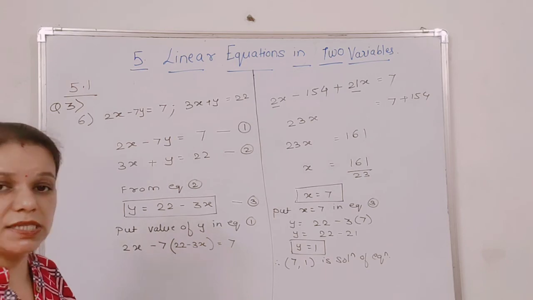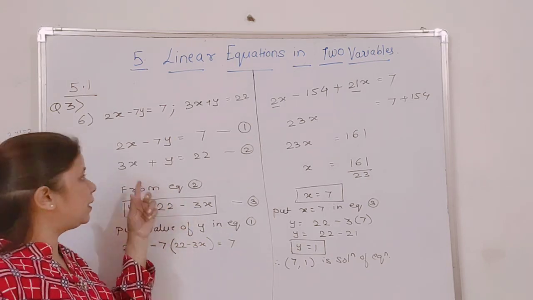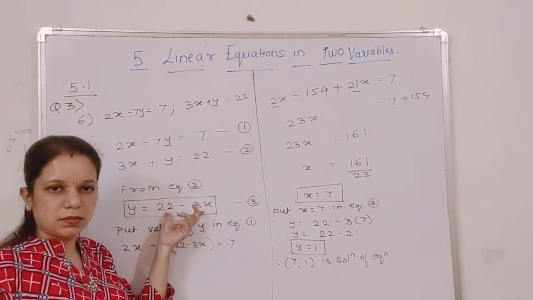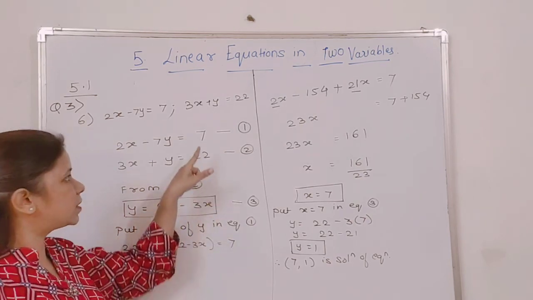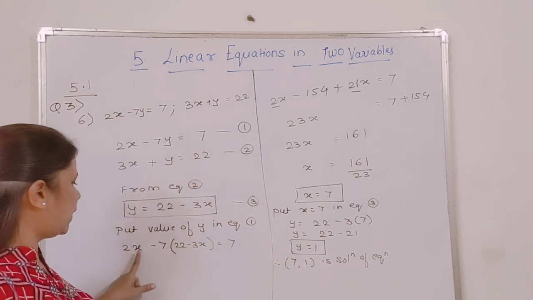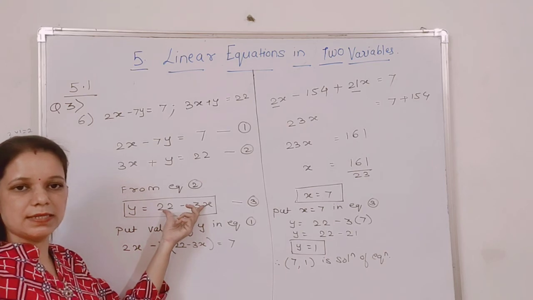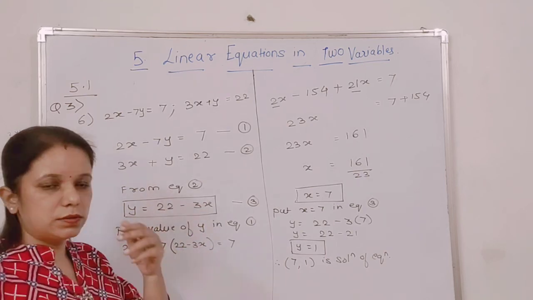So it will be easy for us. So y is equal to 22 minus 3x. This 3x will go to this side. So it is 22 minus 3x. Now this value of y, I will substitute in equation 1. So 2x minus 7y. In place of y I will write 22 minus 3x is equal to 7.